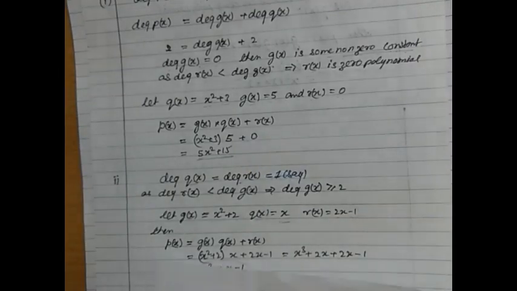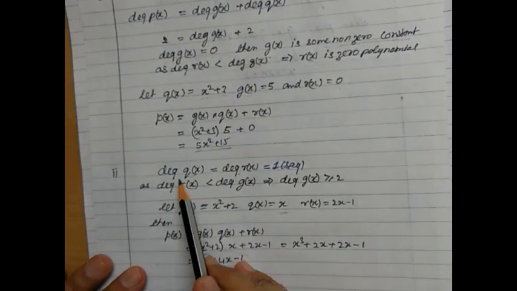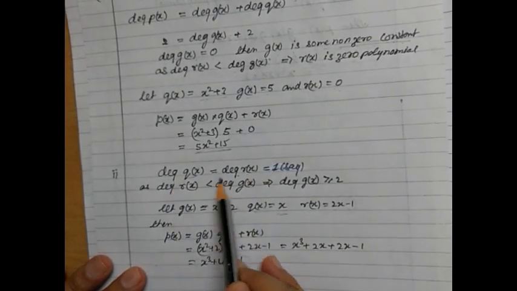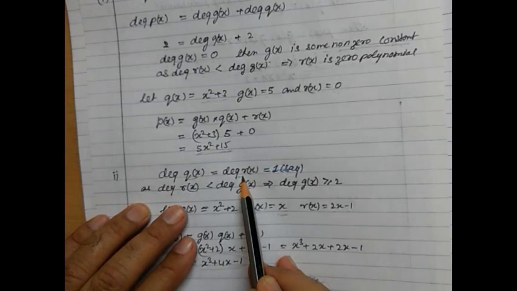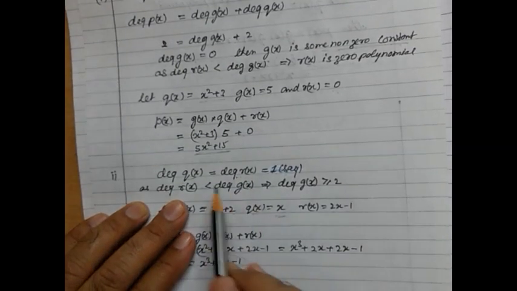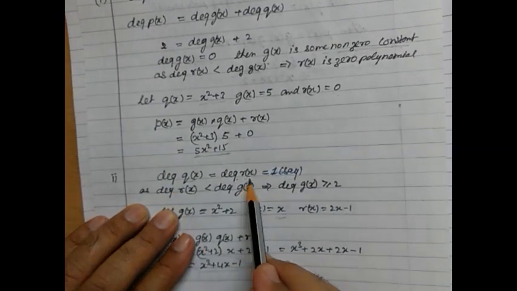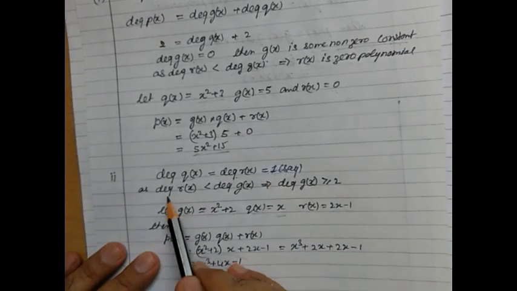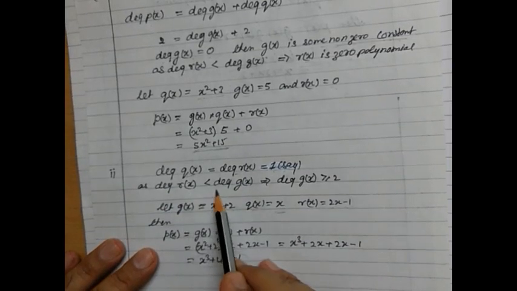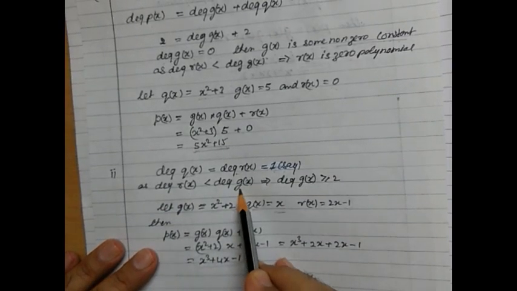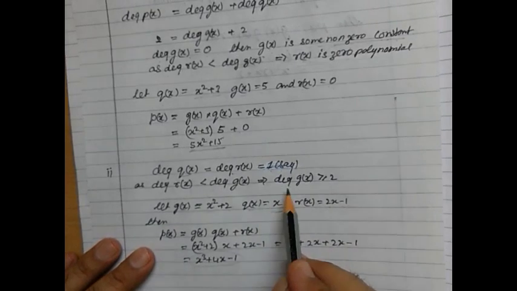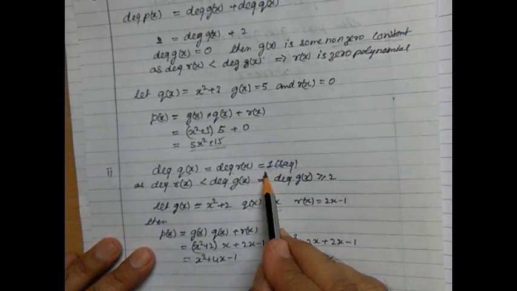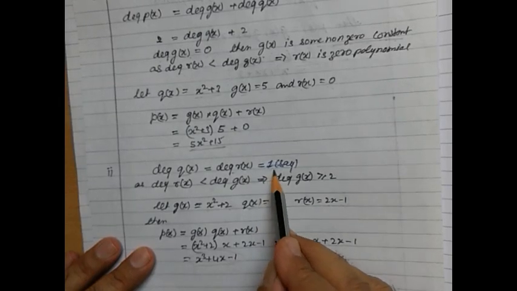Now we come to the second condition, which says degree of q(x) is equal to degree of r(x). Here we need to find examples of polynomials where this condition is satisfied. So here we take it as 1. If we assume this, we know that the degree of r(x) is lesser than the degree of g(x). The degree of g(x) will be taken as greater than or equal to 2, as we have taken the remainder's degree as 1.